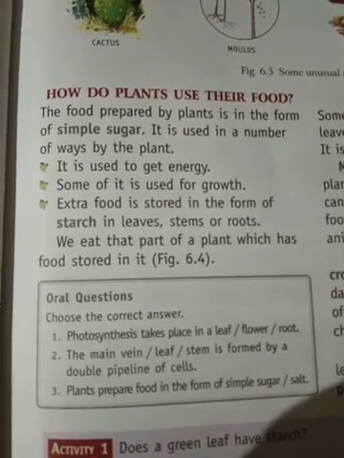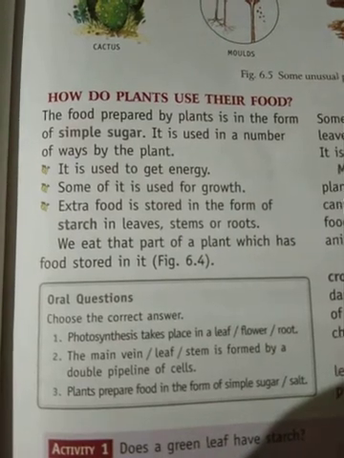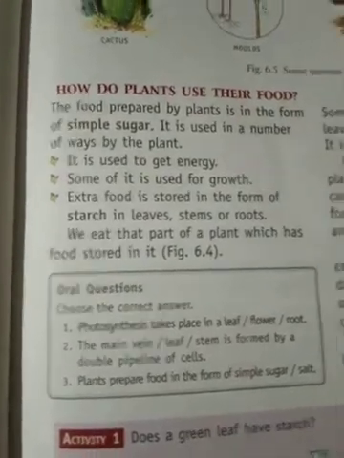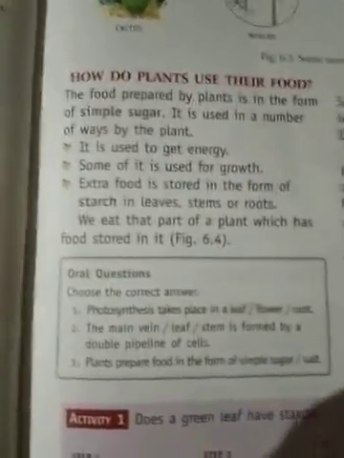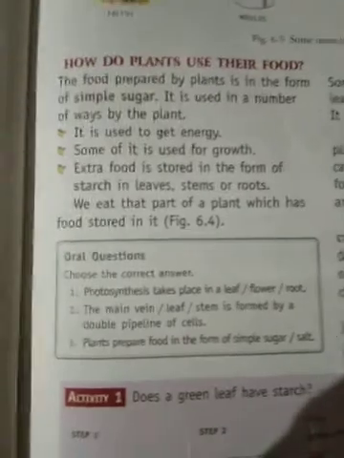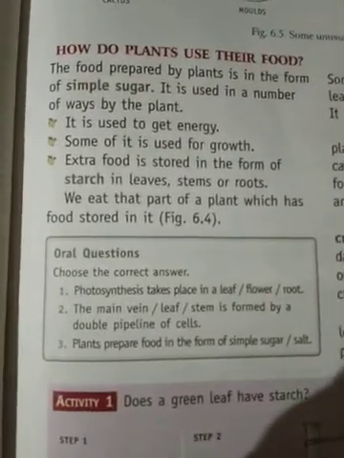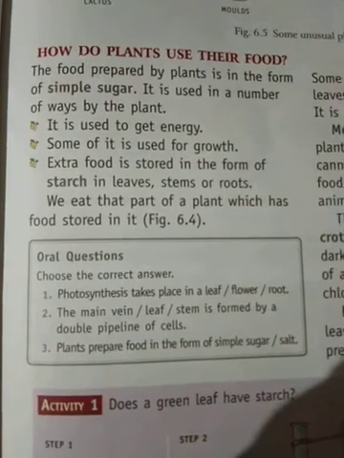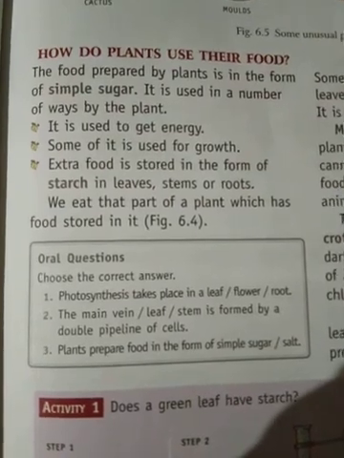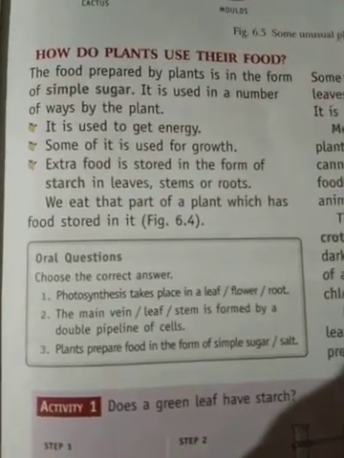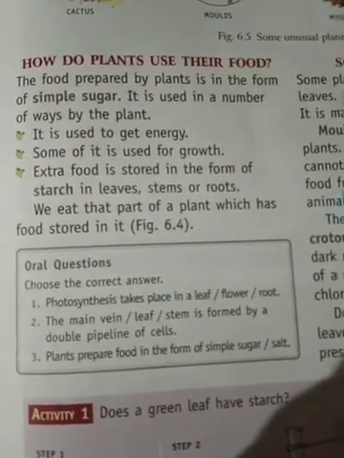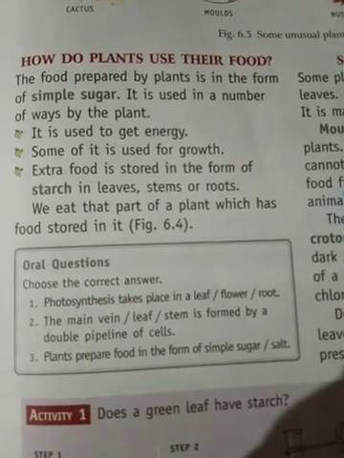But we humans and animals are so intelligent that we choose that part of the plant in which the extra amount of starch, that means eatable food, is present. We normally choose that part and we eat it. Understood? If we eat carrot, carrot is under the ground, so it is a root, right? So we eat the root part of the carrot. We don't eat the stem part or the leaf part. But in the case of spinach, we eat the leaves, because we know that in spinach food is stored in the leaves only.